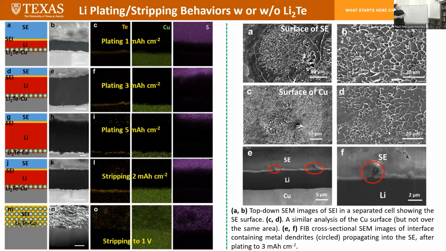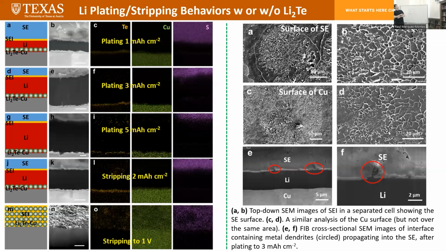Here you have the electrodeposited lithium, and underneath is the copper, and in between is a very tiny coating layer, almost 1 micron thickness. You can see the signal from tellurium. That's the layer, and the lithium deposits on top of it. Throughout all the experiments, you can see the layer stays intact and stable during deposition and dissolution.